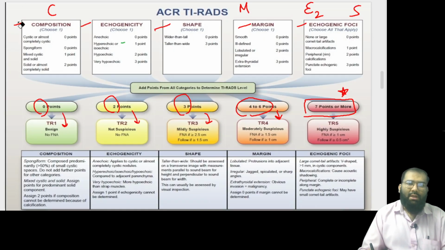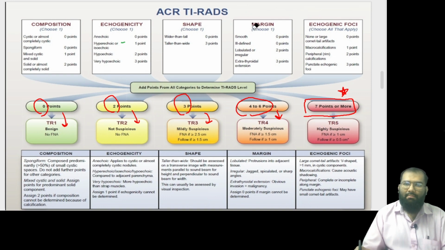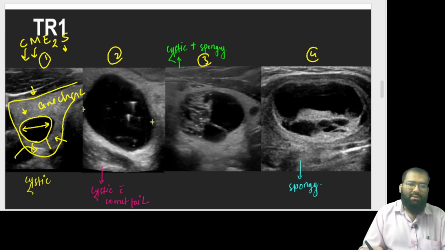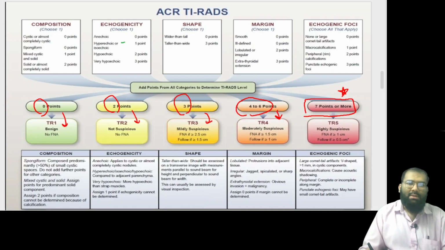Okay, I'll rub everything so that it becomes easy. So for the lesion which we had seen, image number 1, we'll be assigning the numbers. What is the composition? It is cystic. So how many points? 0 points. What is echogenicity? Anechoic. So how many points? 0 points.